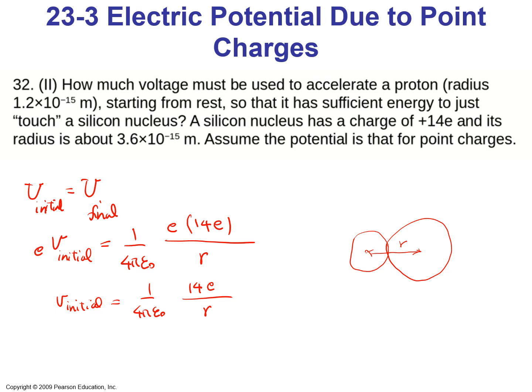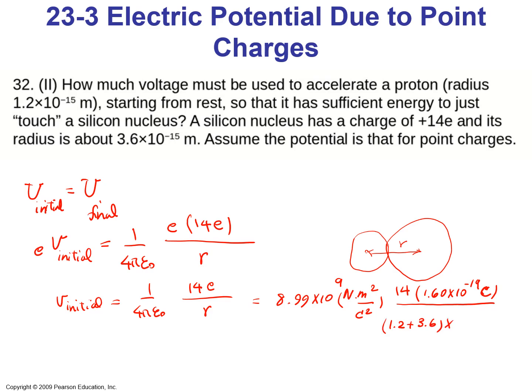Let's plug in the numbers. It's equal to 8.99 times 10 to the power 9 Newton meter squared divided by Coulomb squared, multiplied by 14 times 1.6 times 10 to the minus 19 Coulomb, divided by 1.2 plus 3.6 times 10 to the power minus 15 meter, and this is the sum of the radius of the silicon nucleus plus the radius of the proton nucleus.